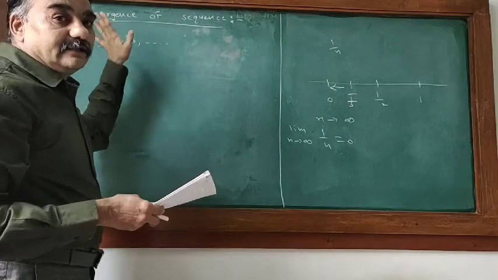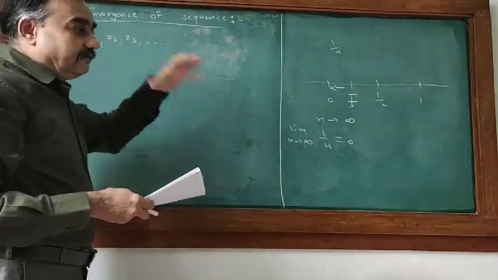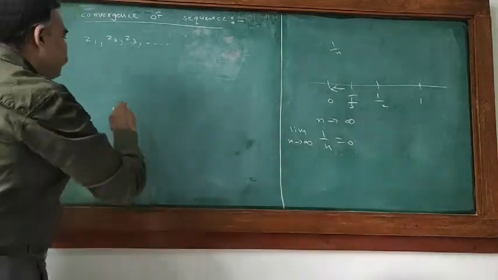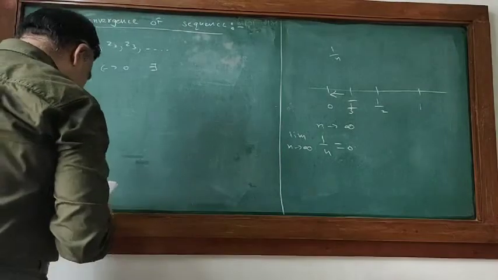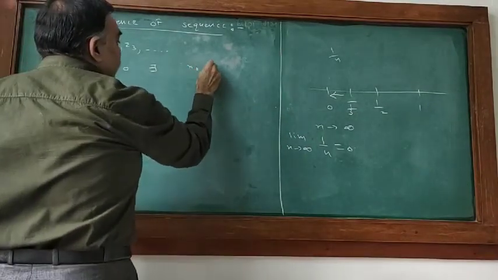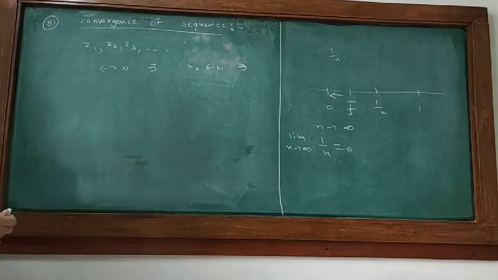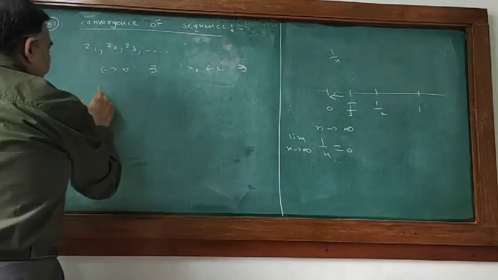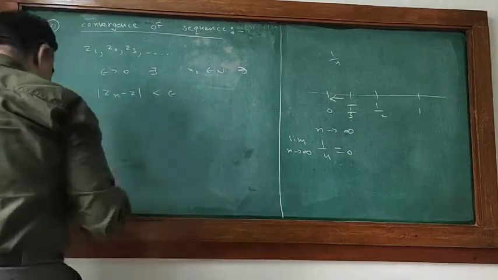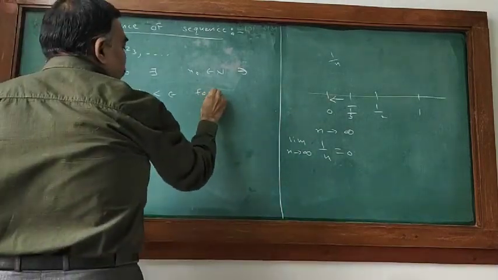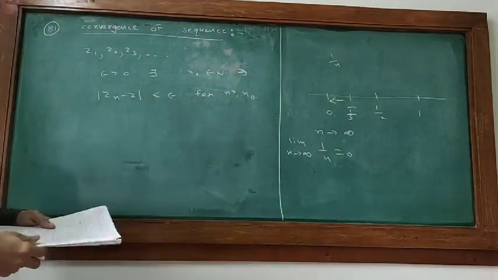We say that this sequence is convergent if for given epsilon positive, there is n0 in n such that |zn minus z| is less than epsilon for n greater than or equal to n0.